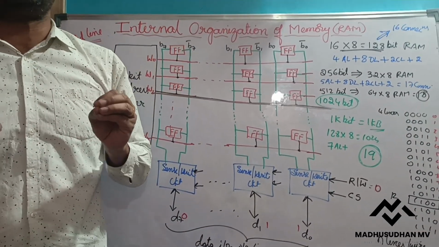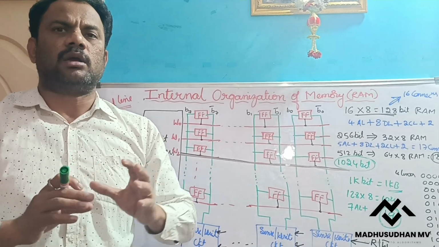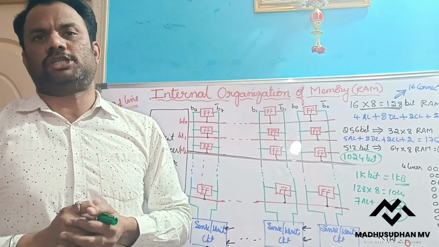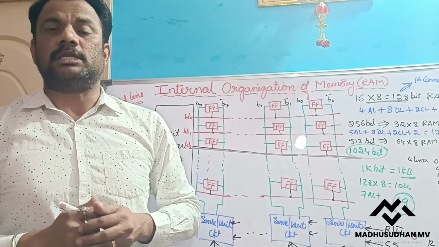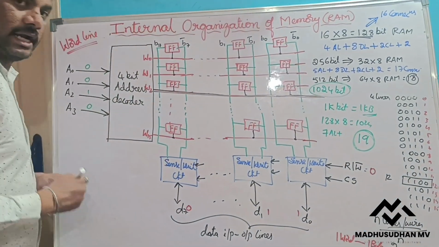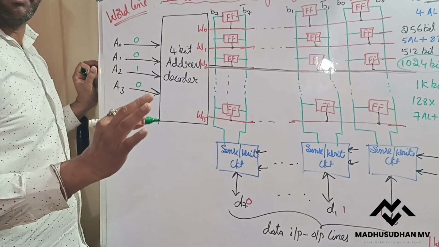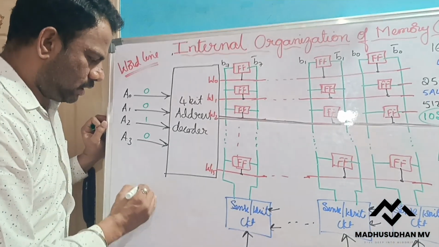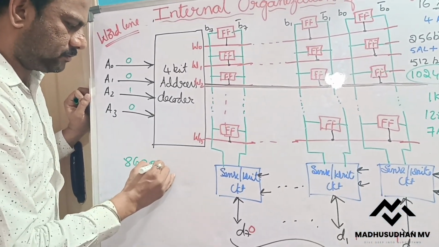Now simply imagine how many connections are needed for 8 GB. Assume in your mobile or in your system you are using 8 GB RAM.